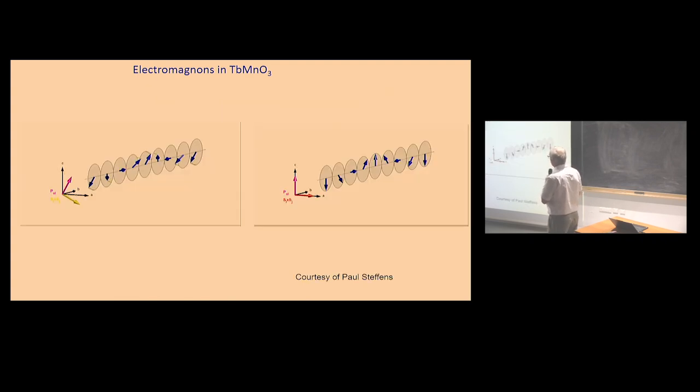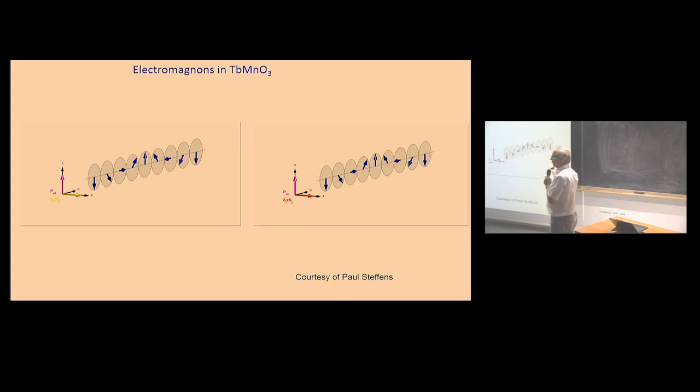And you can imagine it like a vibration of spins like this. There are two electromagnons, so you have fluctuation of polarization along the C-axis, and it is interesting that this polarization of the electromagnon is along the C-axis, but it remains also in high magnetic field.